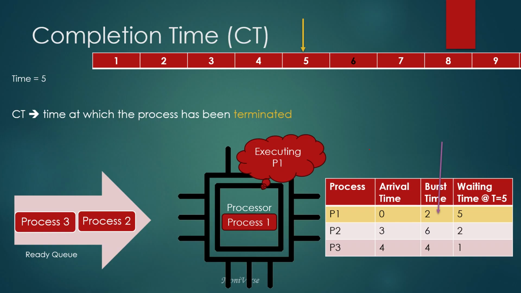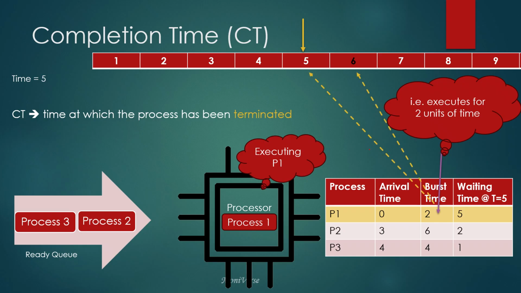So it is executing in the 5th second, and the execution happens at 5 and 6. After the completion of the 6th unit of time, it will get out of the processor. So the completion time of process P1 is 6.